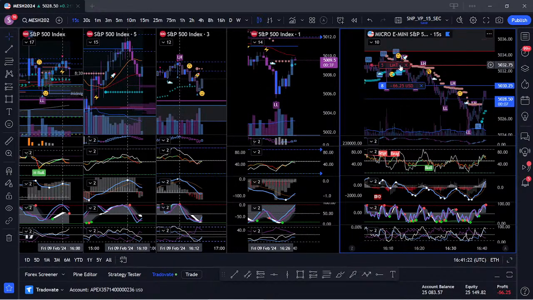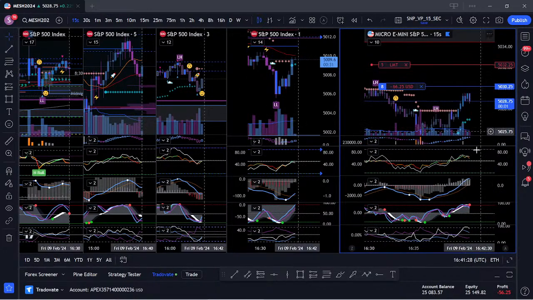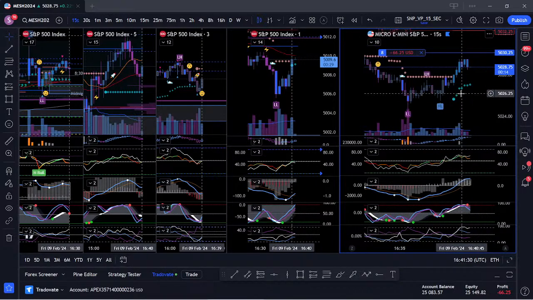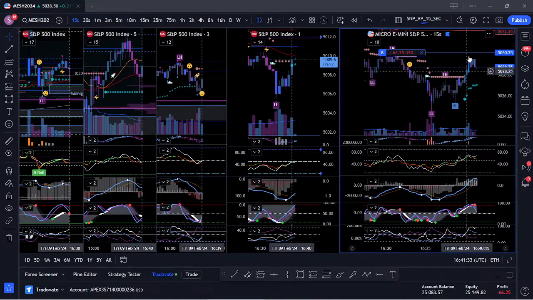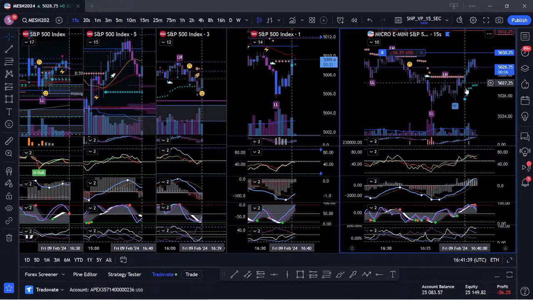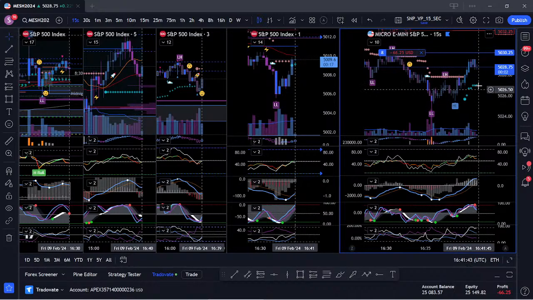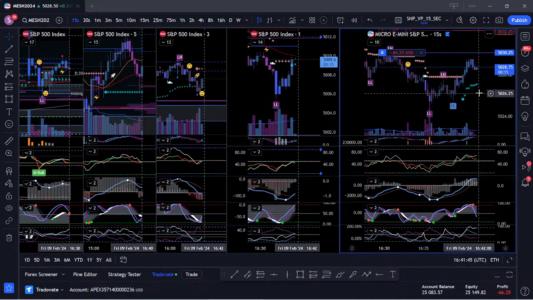This is the head and shoulders, so this is the lower high. Now it changed behavior. This is a higher high. Let's see the lower high, or I mean the higher low.